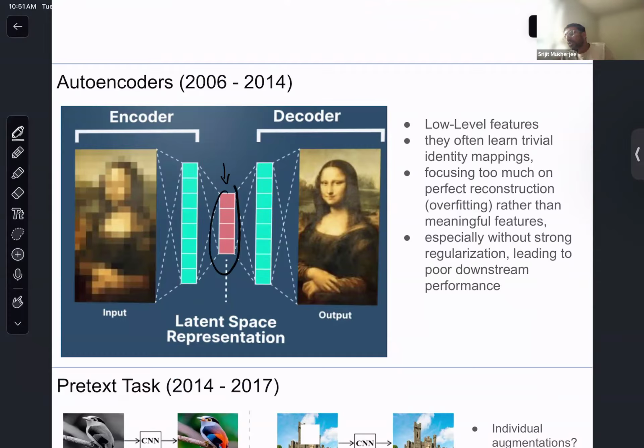The issue they found was that these are very trivial mappings. They are not looking at what they should look at in the image. They are just mappings so that they can construct the pixels back. The reason was it was pixel level, not object level, not concept level. Let's say in this picture there is a face, there is a hand. The objects are not there, just the pixels, because it's a pixel level reconstruction.